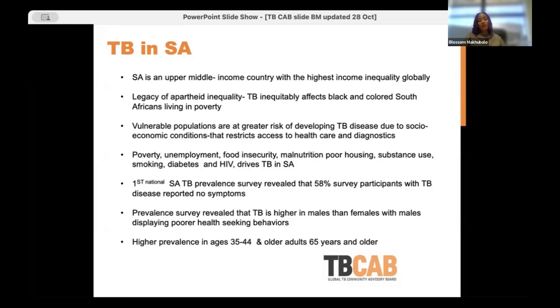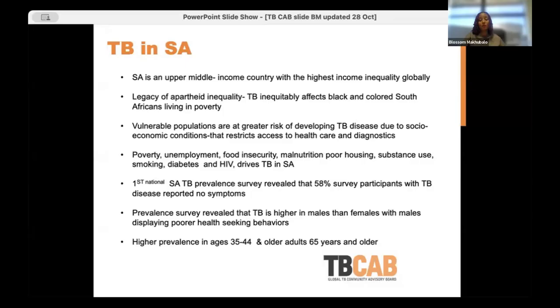And in South Africa, TB inequitably affects Black and colored South Africans living in poverty. We all know that TB is a social disease, and vulnerable populations are at greater risk of developing TB disease due to socioeconomic conditions that also restrict access to healthcare and diagnostics.